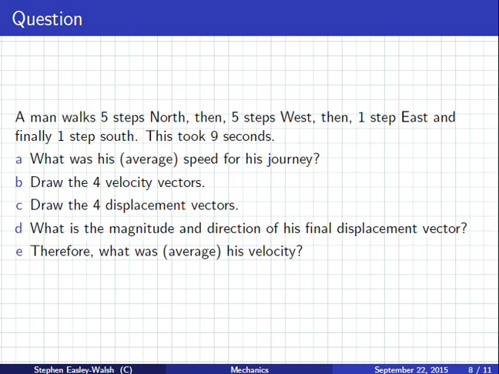Then he goes 1 here, and then 1 here. So in red, what I hope you can see is that it's the same as going 1, 2, 3, 4, 1, 2, 3, 1, 2, 3, 4. That's this one here.